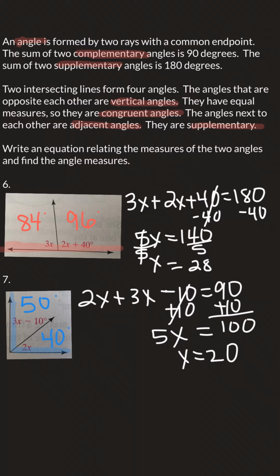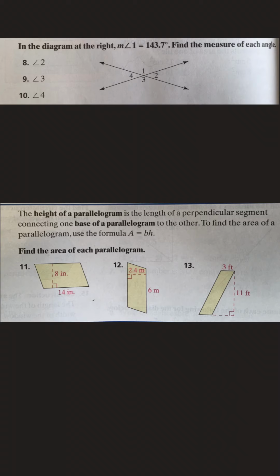We're correct. In the diagram at the right, measure angle 1 equals 143.7 degrees. Find the measure of each angle. So here's angle 1. We know what that is. The angle across from it is its vertical angle. They are equal, so they are also congruent angles.